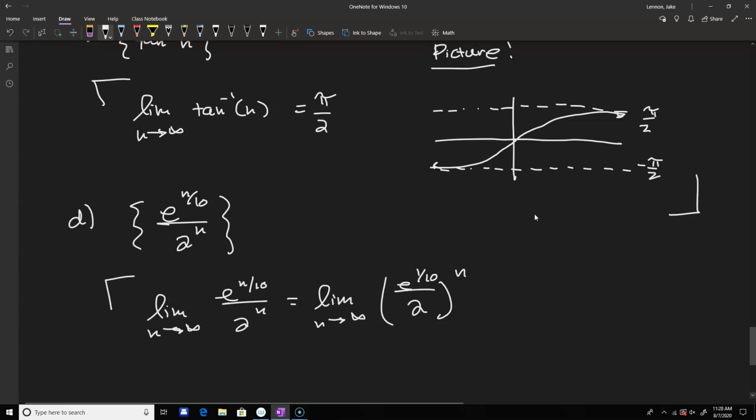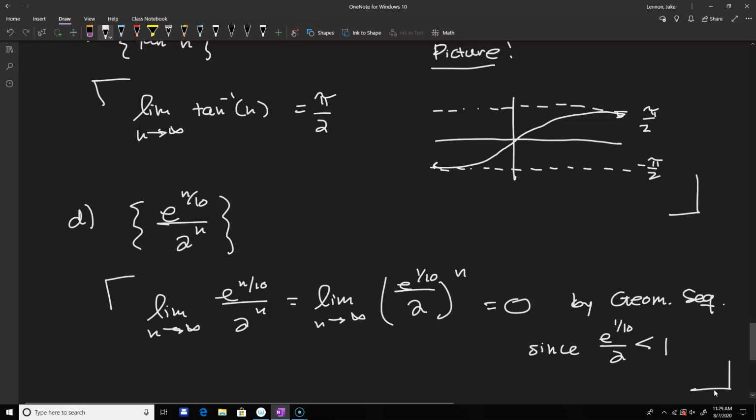Now we're looking at a geometric sequence. So we ask ourselves, is e to the 1 over 10 over 2 bigger than 1, smaller than 1, or equal to 1? We know e is about 2.718, so the 10th root of e is going to be less than 2. So this is equal to 0 by that geometric sequence theorem we just talked about, since e to the 1 over 10 over 2 is less than 1. That's why we know it goes to 0, and that makes use of that last theorem.